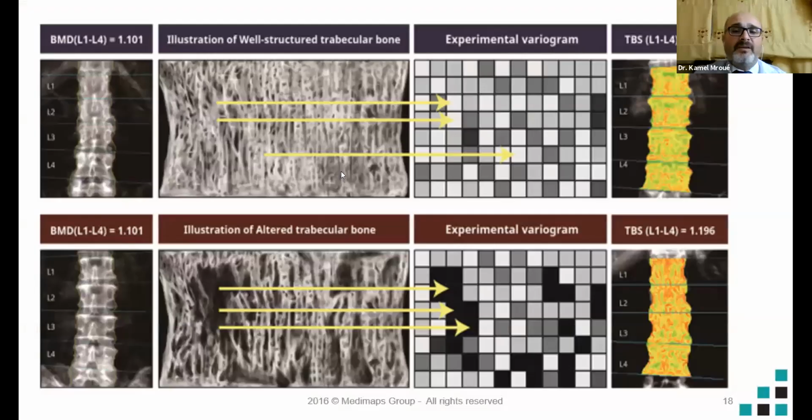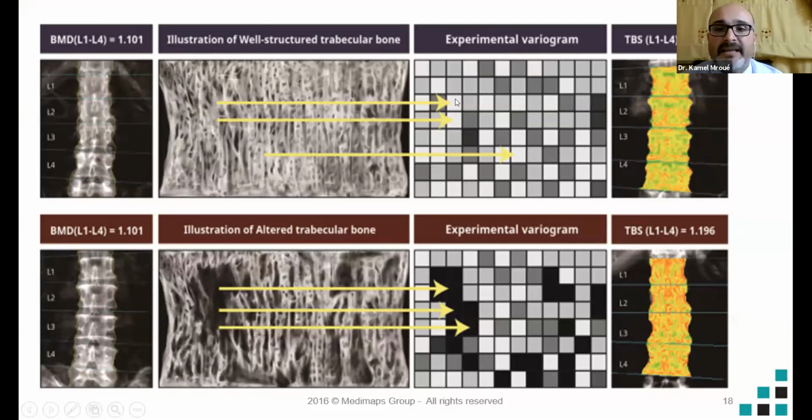To make the idea simpler, we may have two DEXA scans of two lumbar spines that have the same bone density. So in this rectangle we have the same amount of bone up and down, but the bone in the upper rectangle is dispersed evenly. In the lower rectangle, we have more empty spaces, and the amount of bone is spaced unevenly.